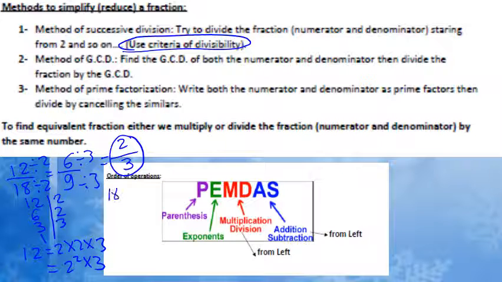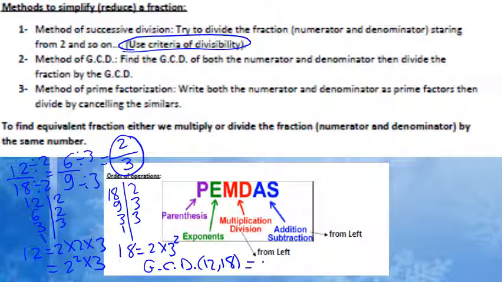The prime factors of 18 are, by 2, it is 9, by 3, it is 3, by 3, it's 1. So the prime factors of 18 are 2 times 3 squared. The GCD of 12 and 18 is 2 times 3, which is equal to 6.